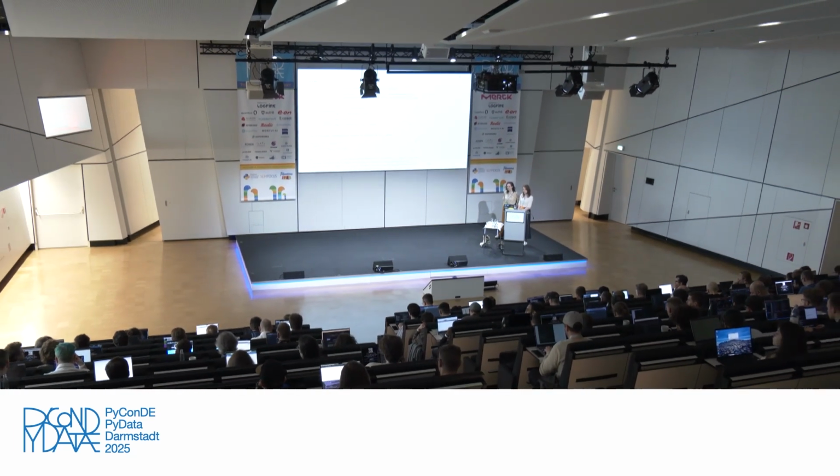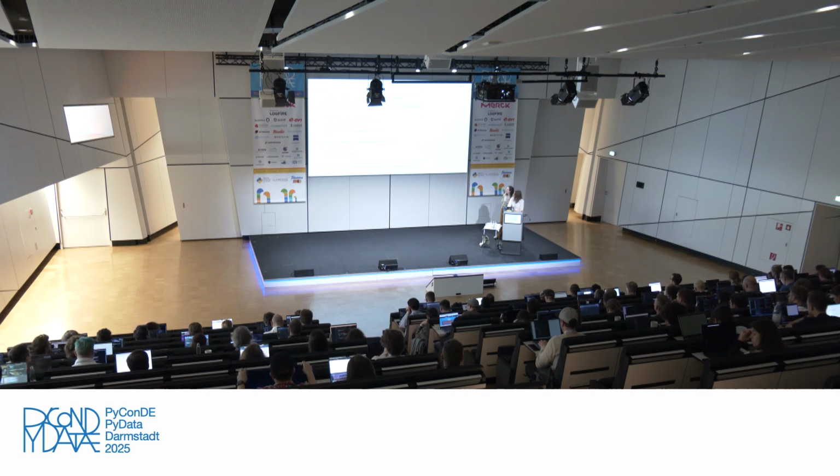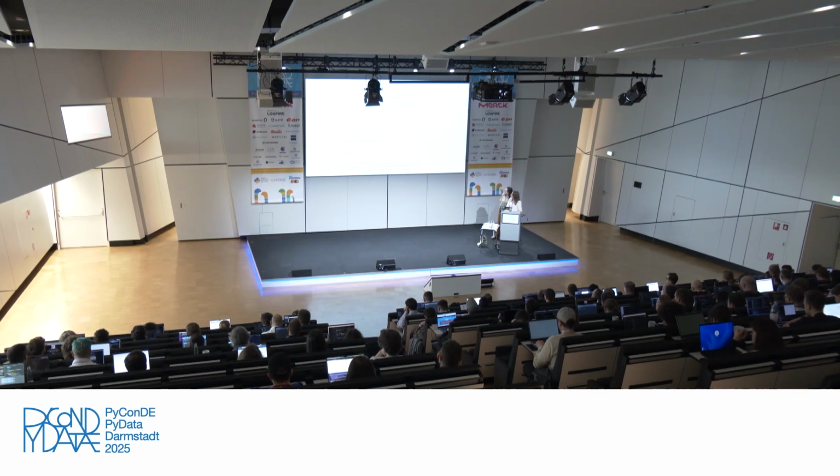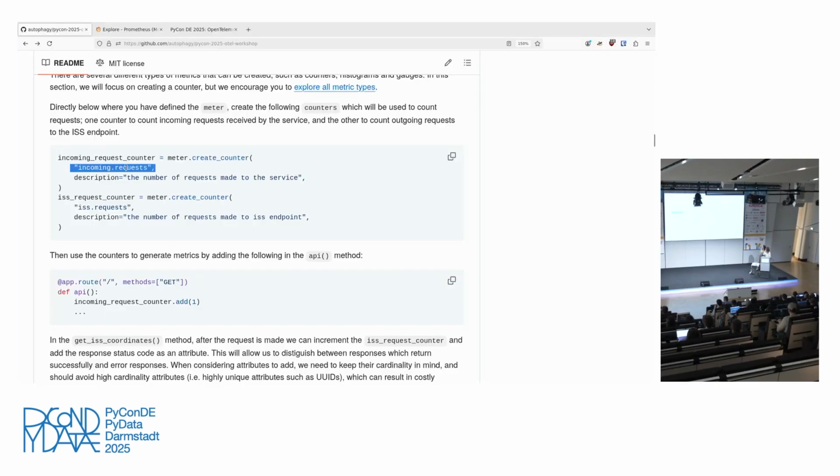Thank you. I have everything up and running, and I want to query the metric from Prometheus now, but I think I missed the name of the metric. Okay, yeah. When you're creating the counters, the first argument will be the name of the metric.